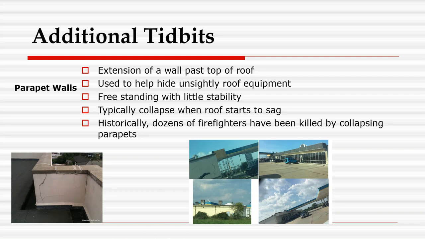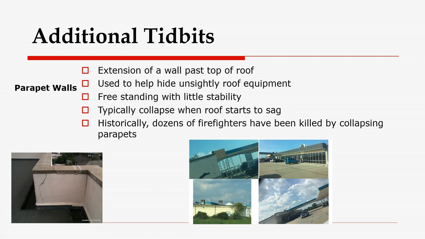Parapet walls. You'll see the pictures on the right are a gas station, fuel station here on Underwood and X Street. A parapet wall is a vertical extension past the roof. It's used to help hide stuff that's on your roof, like your AC stuff. Many folks put this on to modernize their building.